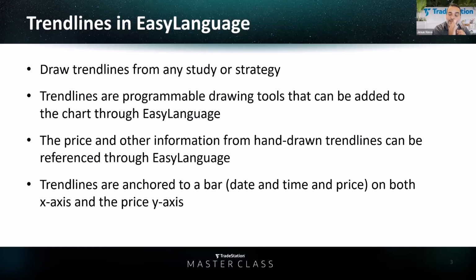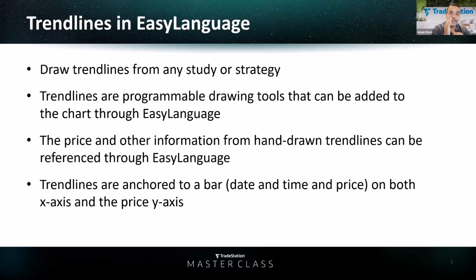So the candlestick, of course, has a date and has a time. And vertically, the point that you click on, of course, is going to reference a price on the price scale. So that's the reason why we say here there's three different data elements that go along with every trend line.